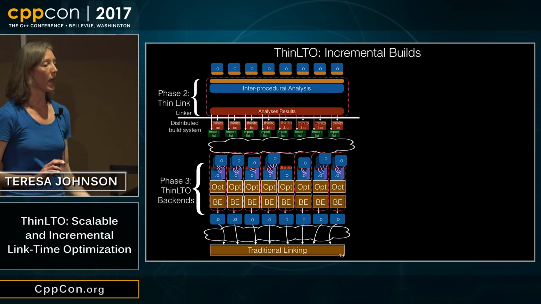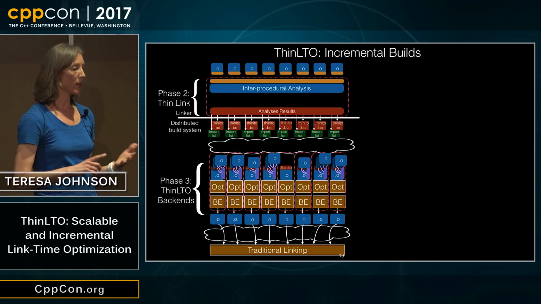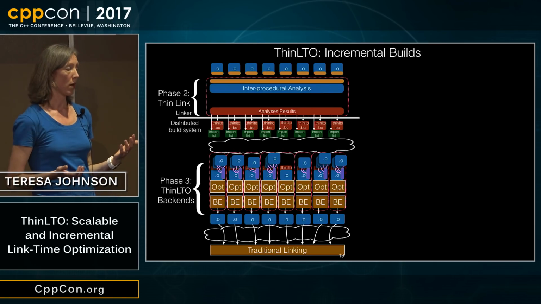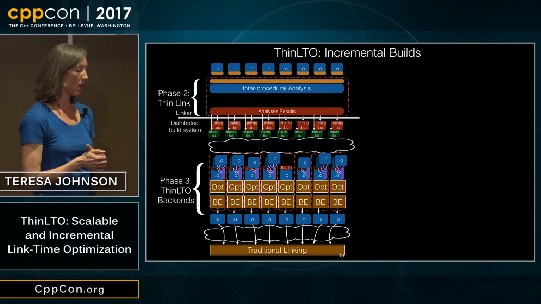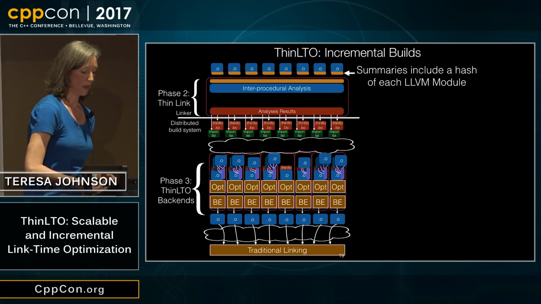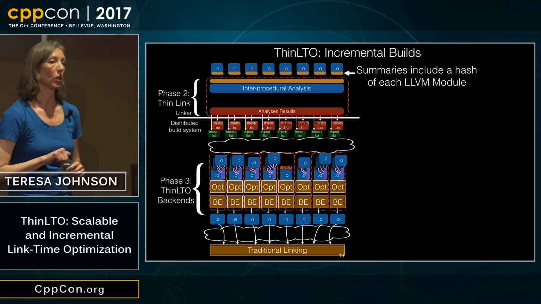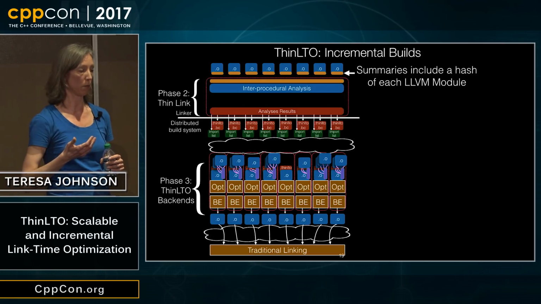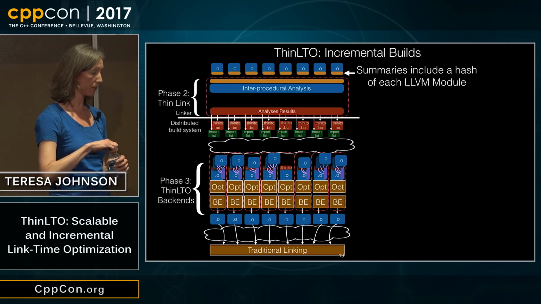All right, so now we have a solution that is faster and more memory lean, but we also want good incremental builds. And I mentioned earlier that the summaries each include a hash of the LLVM, or the IR module.